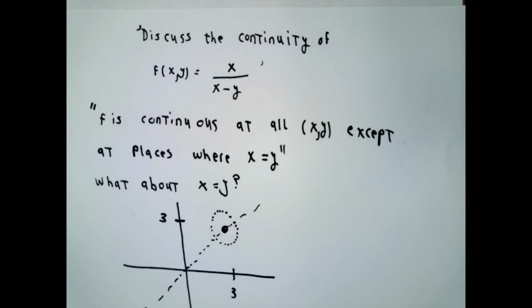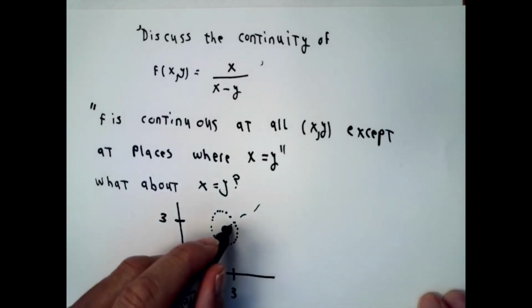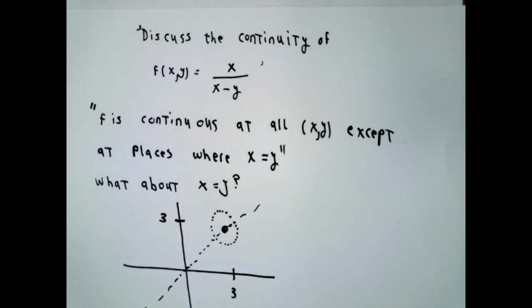Strictly speaking, we would have to say that the limit doesn't exist, because no matter how small a disk you draw centered at (3, 3), there will be points nearby where the x coordinate and the y coordinate are the same, and the function is not defined for all (x, y) inside the disk. This limit doesn't exist.